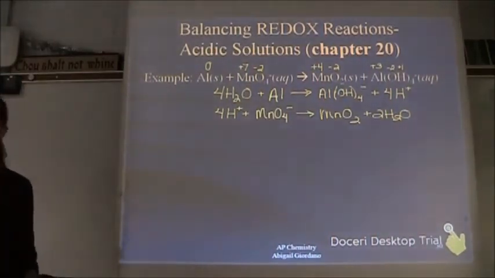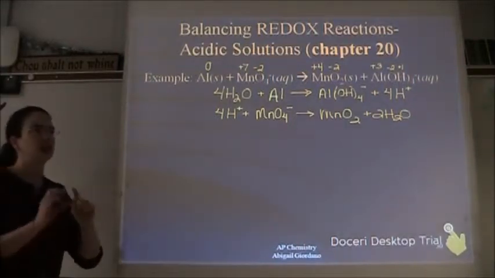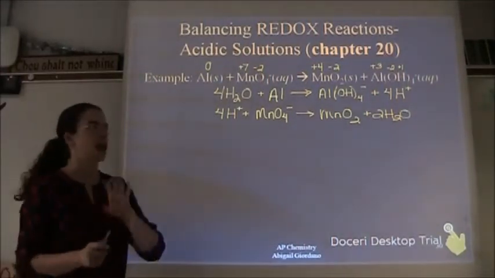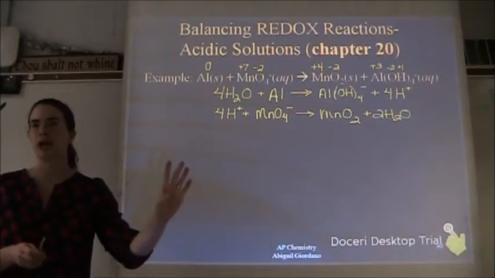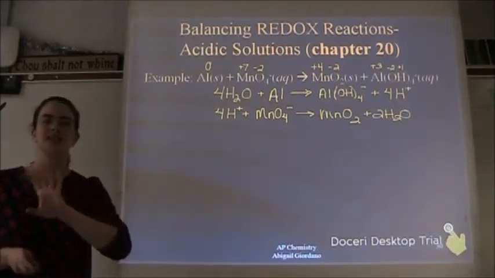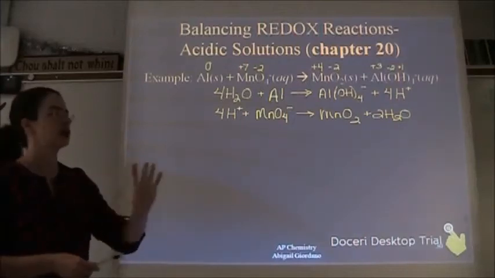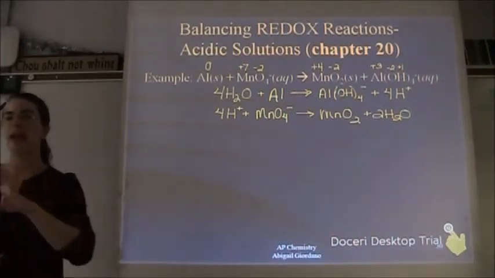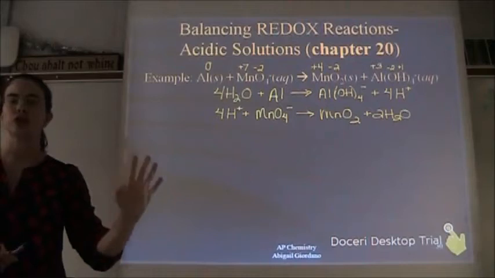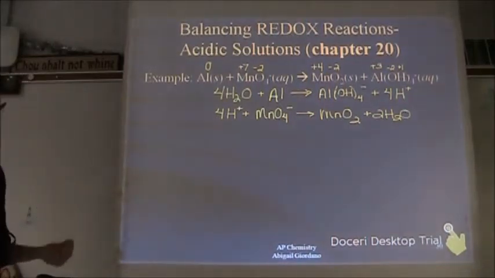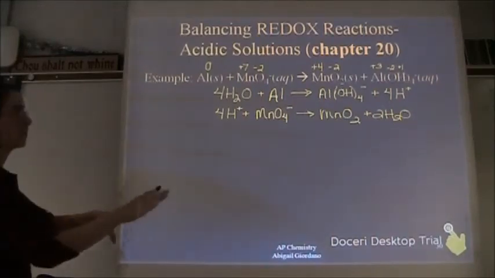Well, first of all, what you're going to see in the directions, it's going to say balance this redox reaction under acidic conditions, or it'll say balance this redox reaction in an acidic solution. If you guys remember from last class, an acid is by definition something that gives away H plus ions.